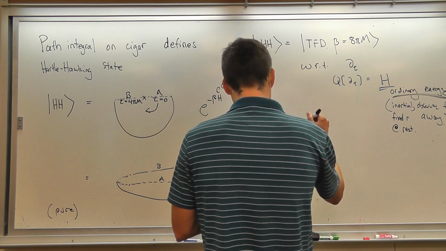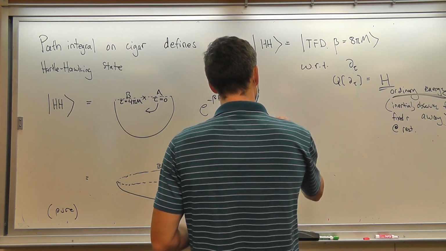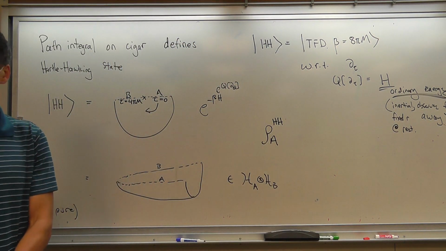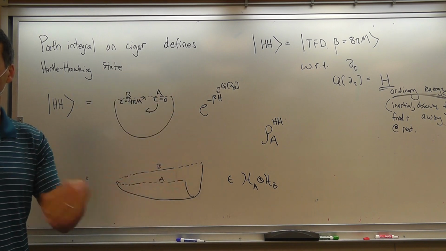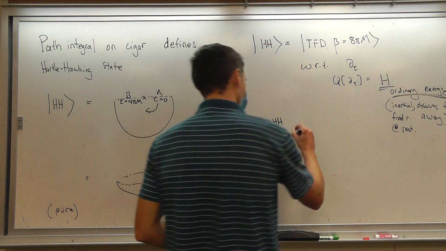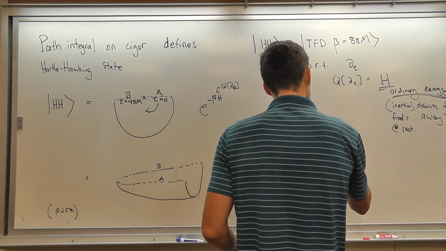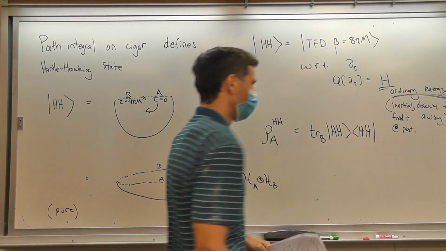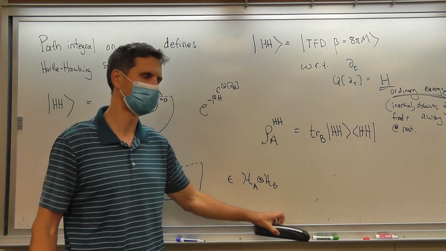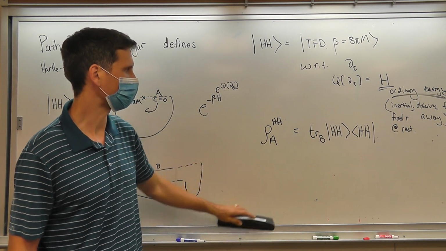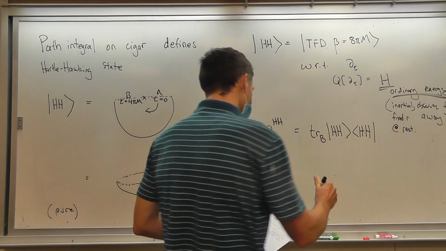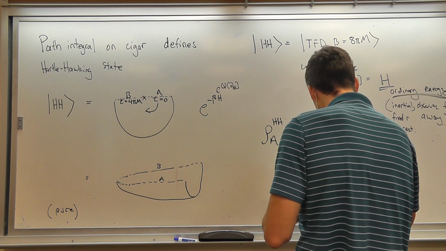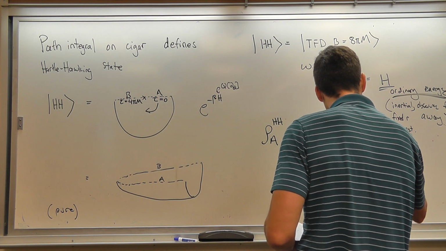So if we define ρ_A, the reduced density matrix of just the right half of the black hole, in the Hartle-Hawking state, remember the definition is trace over B of the total density matrix, which for a pure state is just the ket bra. By our general discussion of thermofield doubles, this is the ensemble, the operator e^{-8πMH}.